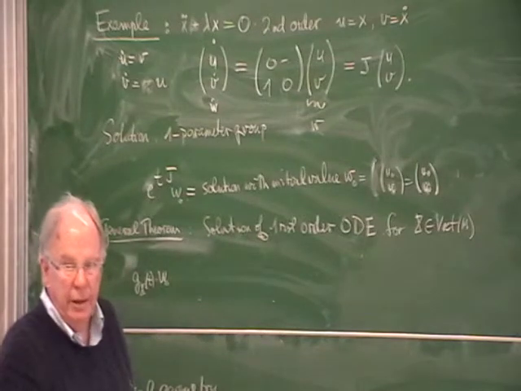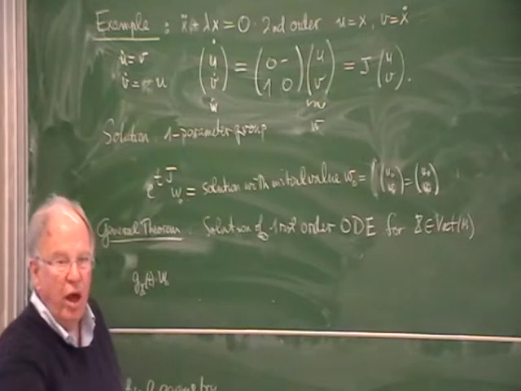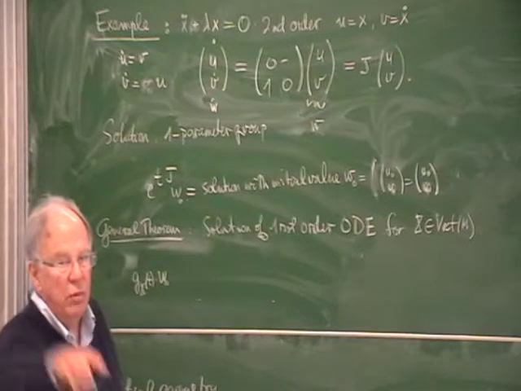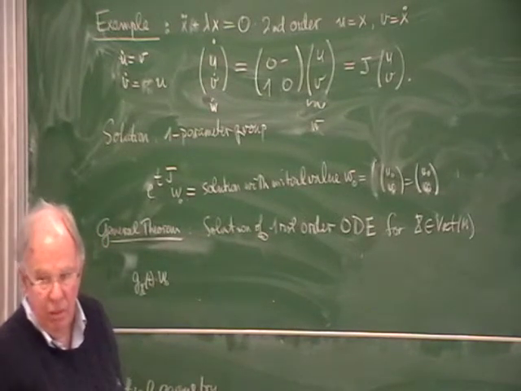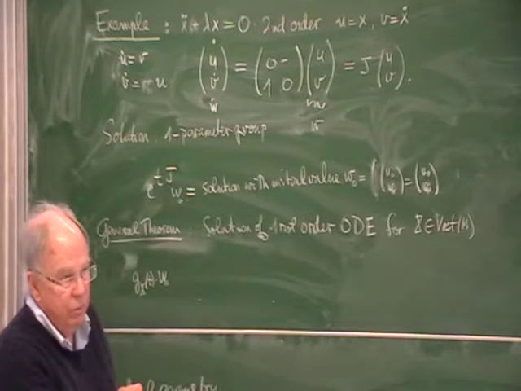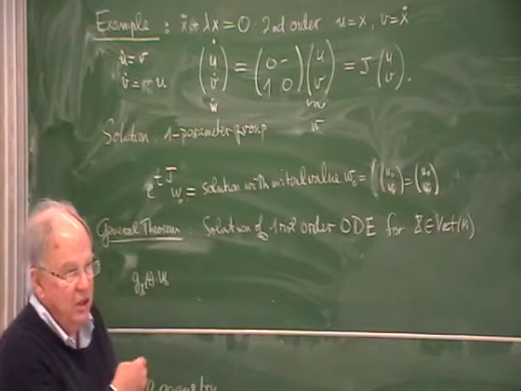And now I lied. Every physicist thinks every one parameter group is global because in your one parameter groups they are global, but this is a local one parameter group. You got it? It's not globally defined.